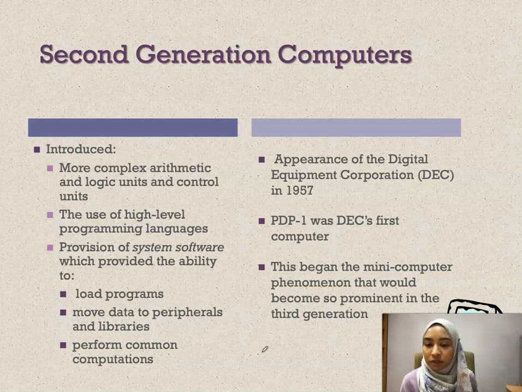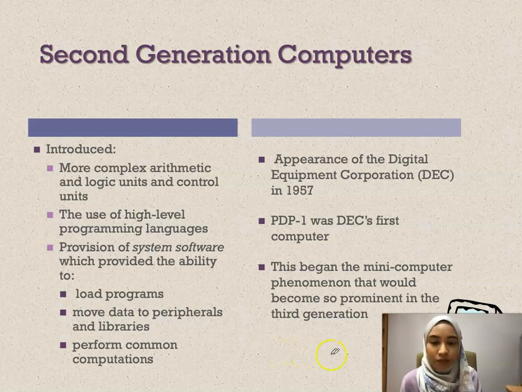The provision of system software provided the ability to load programs, move data to peripherals, and libraries. Remember what I told you about peripherals? It is your equipment that is next to your computer, such as keyboard, such as mouse, and libraries, and also perform common computations.